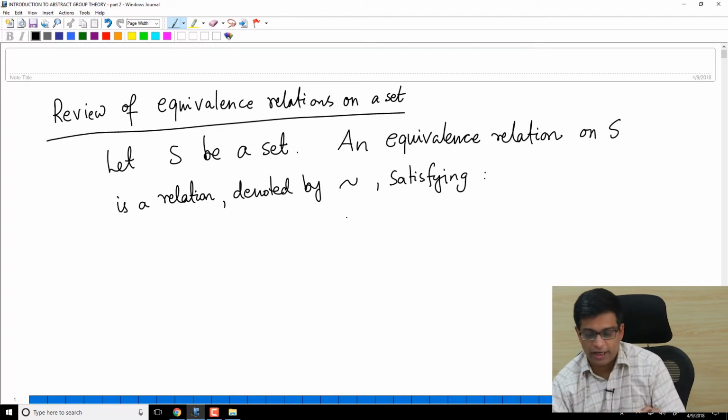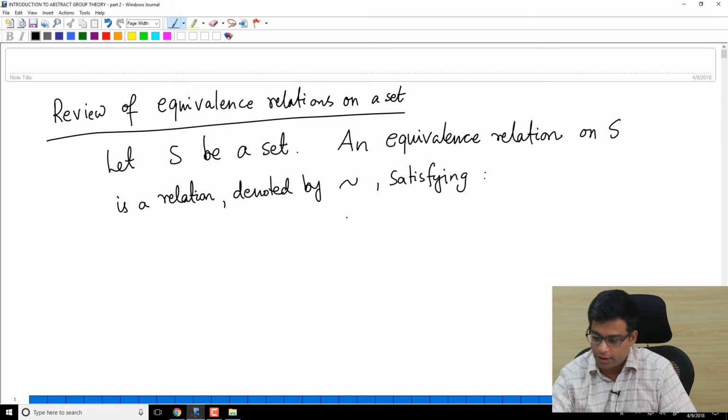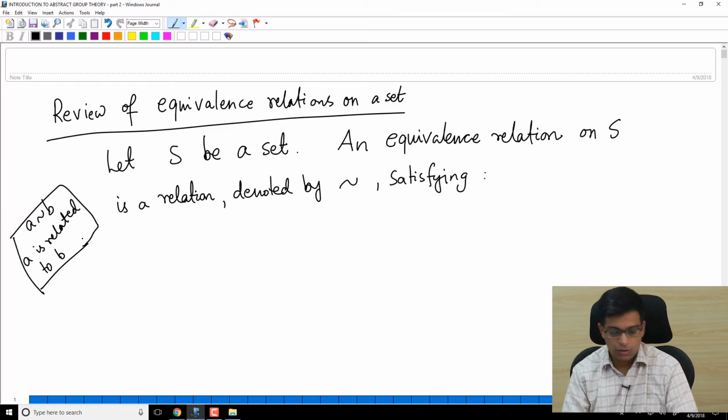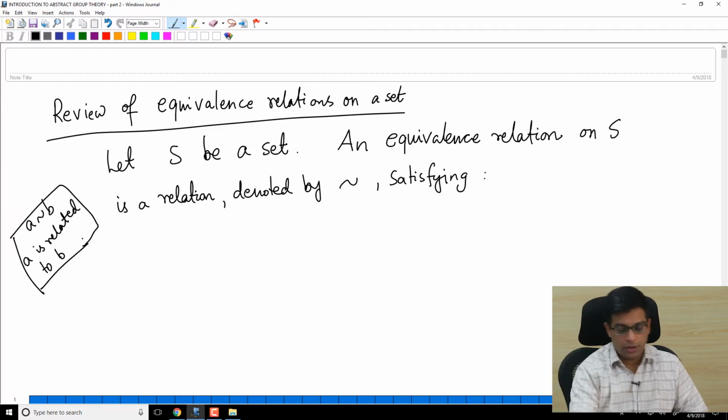It's a relation among elements of S. So we say that two things are related, and we write this symbol. This means that A is related to B.